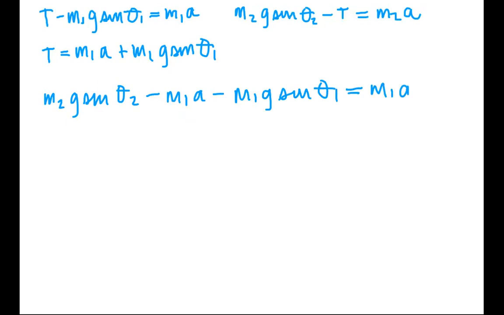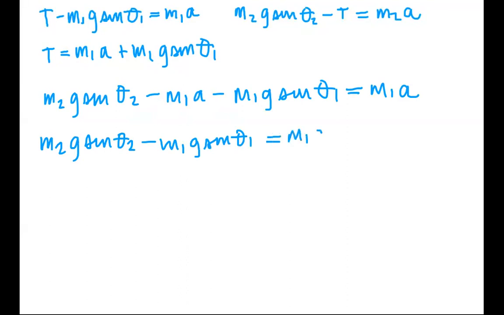So again, put all the like variables together, and we end up with M2G sine theta 2 minus M1G sine theta 1 is equal to M1A plus M2A.